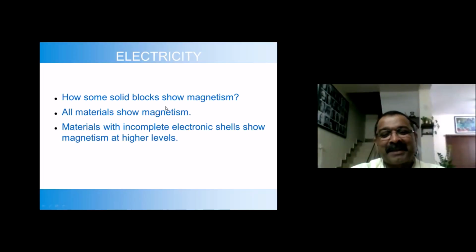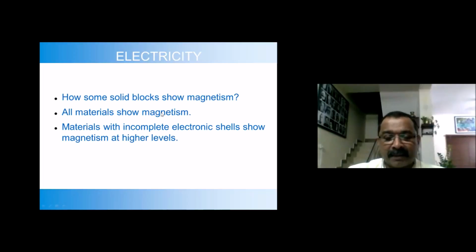Actually, all materials show magnetism. All the materials show magnetism. Because we started our journey with a hypothesis that everything is made of atoms. And we looked at atoms and we saw that an atom is made of a nucleus and surrounding electrons.